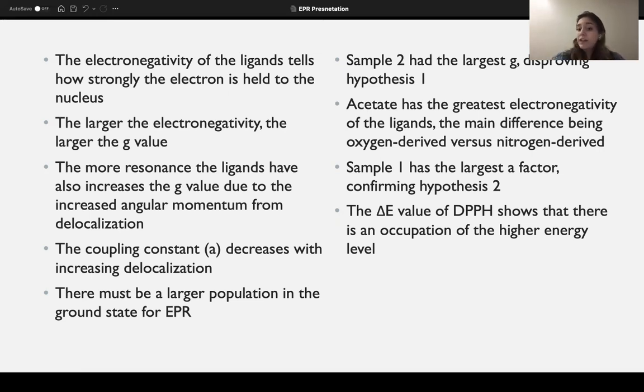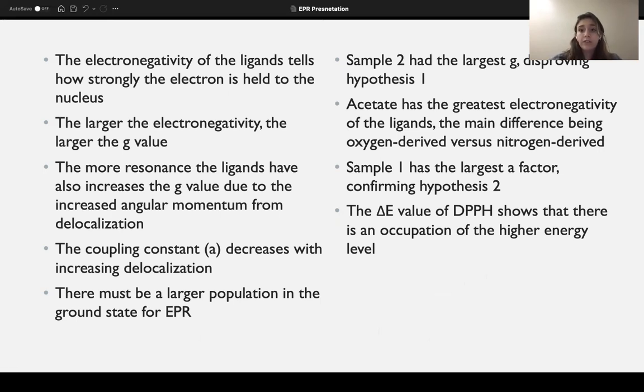And then the change in energy value of DPPH was calculated, so there could be a calculation of the Boltzmann distribution. And this is a necessary calculation because there has to be a larger population in the ground state than the first excited state for ESR to be completed, because there needs to be a favorable transition to be observed.